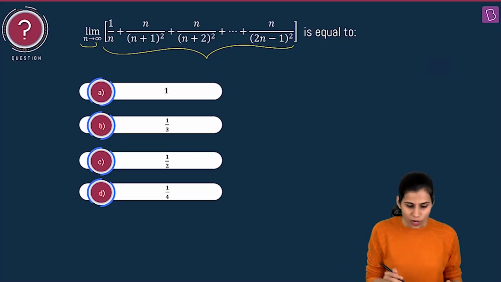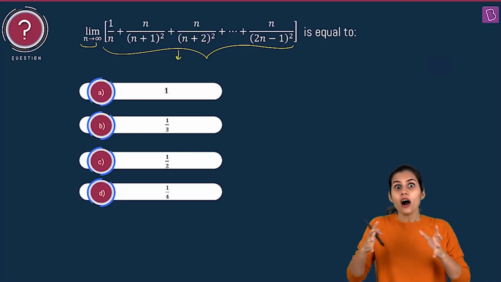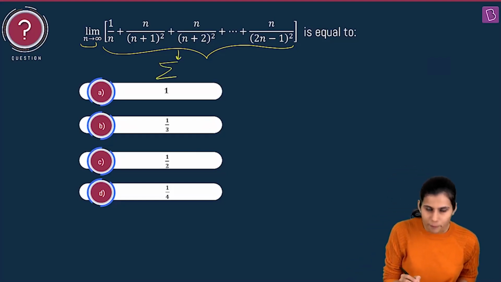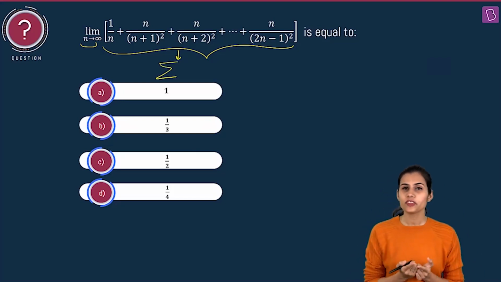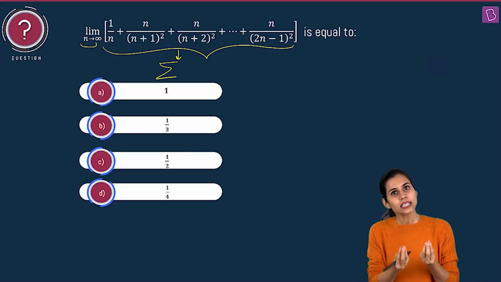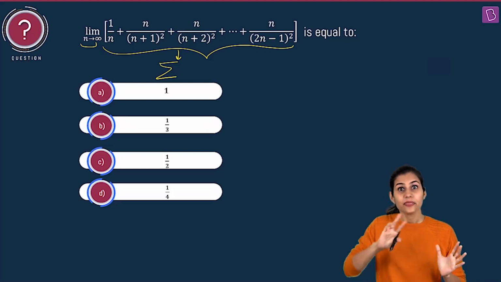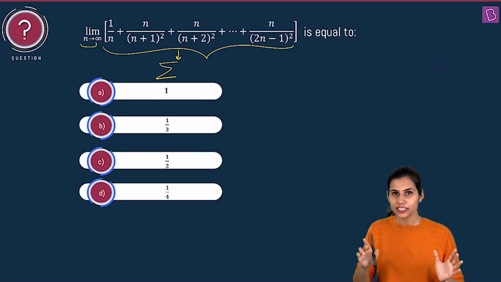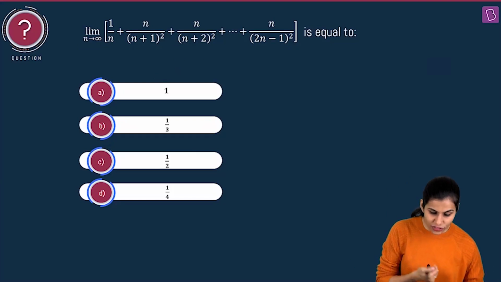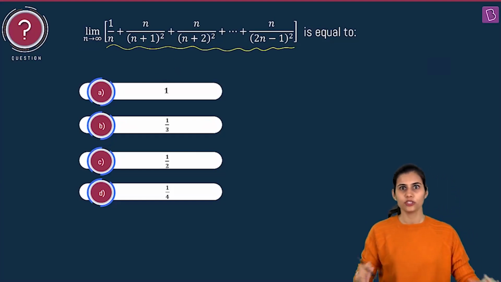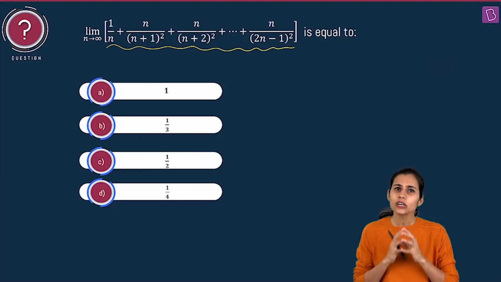If I somehow dissolve this large expression into a compact form involving summation, then clearly the look of this expression will be the limit of a sum. Yes, then we're going to convert it into a definite integral, and from that point onwards, the solution is going to be a cakewalk.